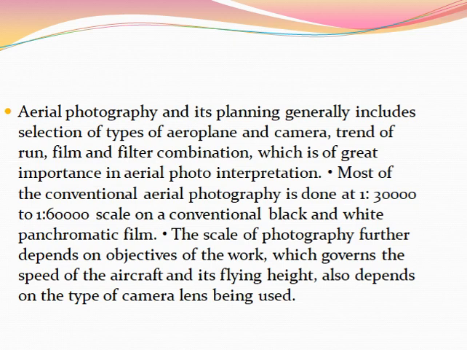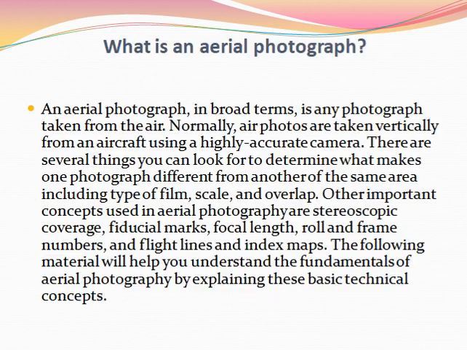Then we are going to study aerial photographs in detail. In aerial photography, photographs of the land surface are taken from an aircraft at a vertical angle. It is viewed stereoscopically in 3D view, that is, a three-dimensional view.